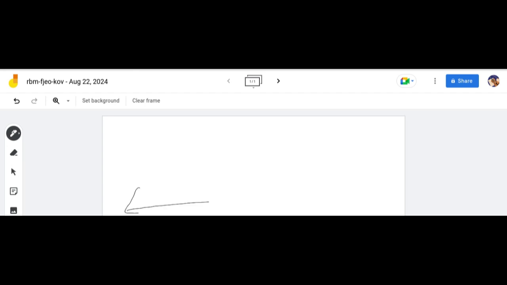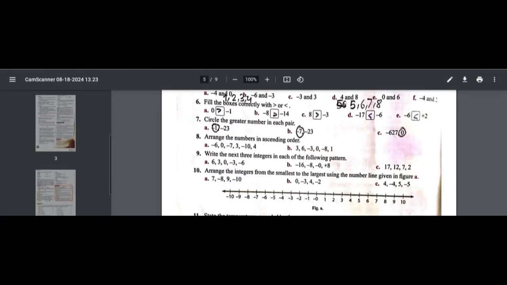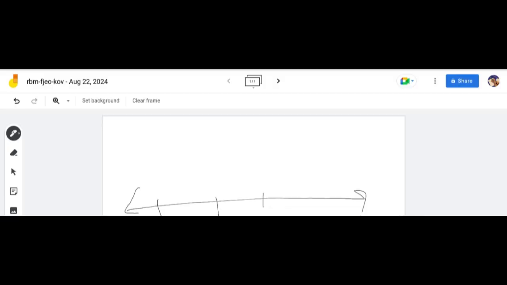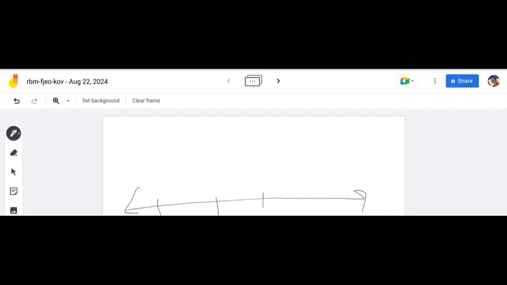You have to draw the number line. There is a 0 and it starts from the lowest, -10, -8, -7. This is the positive side and the negative side is 7 and 9. So 7 and 9, just like this. Okay, you have to represent all the other parts as well.